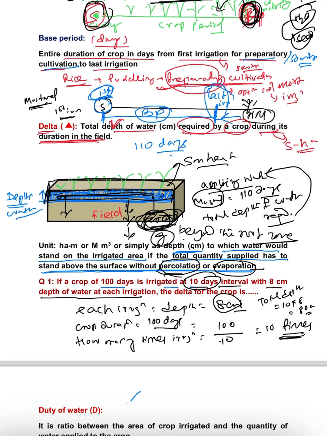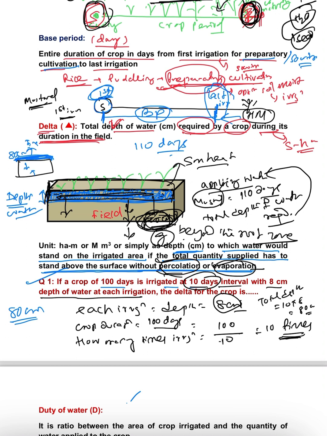So if there is no percolation and no evaporation, whatever standing water there is will remain. Suppose we are applying 80 centimeters, the standing water depth will be just above the surface. So here the answer will be 80 centimeter.